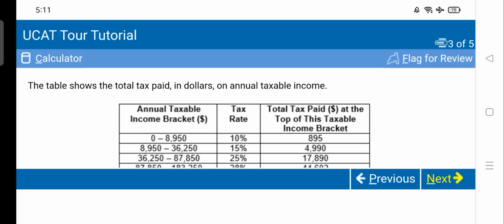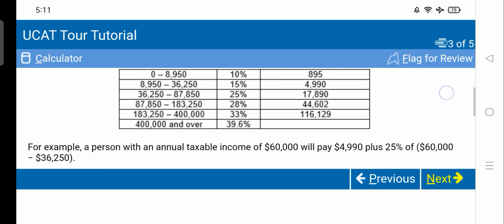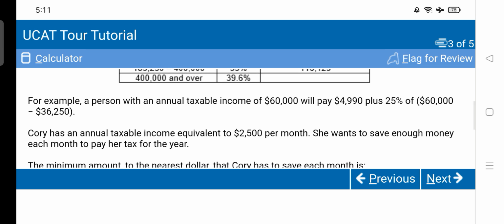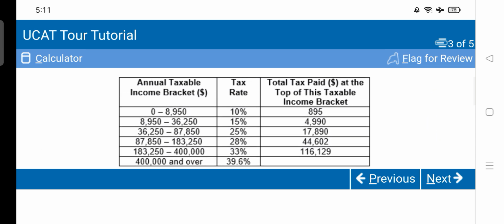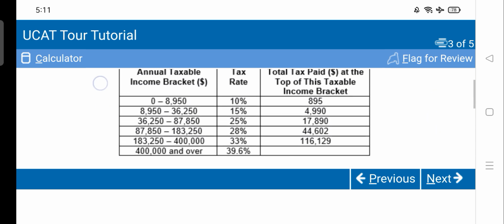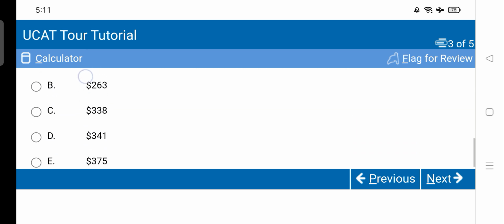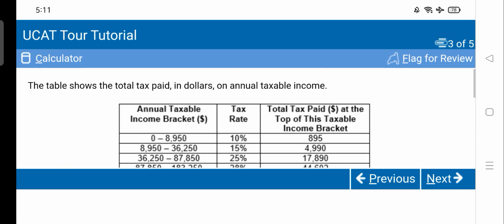So the quantitative reasoning question will appear like this. It will be in the form of a table or a graph, and then you have to take the right information from these tables or graphs, and then you can choose the correct option. So the question is, the table shows the total tax paid in dollars on annual taxable income.